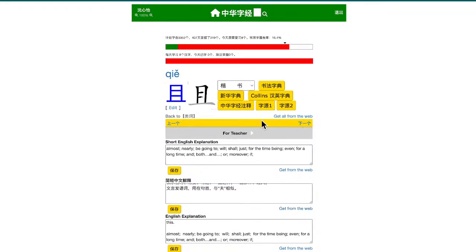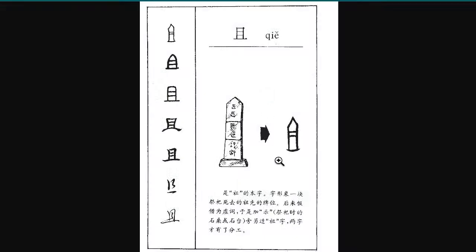So let's take a look at the character. Actually this is the very original form of another character called 祖. When you look at the shape of the very original one, it looks like what in Chinese is called 牌位.